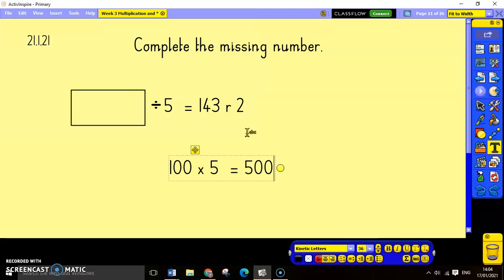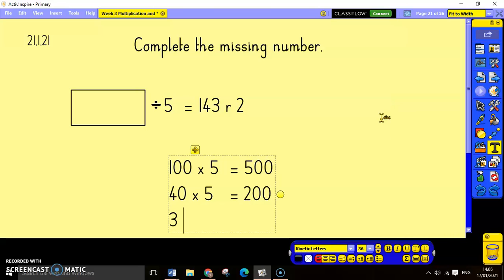Then I'm going to look at my tens digit, and my tens digit is 40. It's not a 4, it's 40, and I'm going to multiply my 40 by 5, and that gives me, well, I know 4 times 5 is 20, and I've got to make that 10 times bigger, so I know that 40 multiplied by 5 is 200.